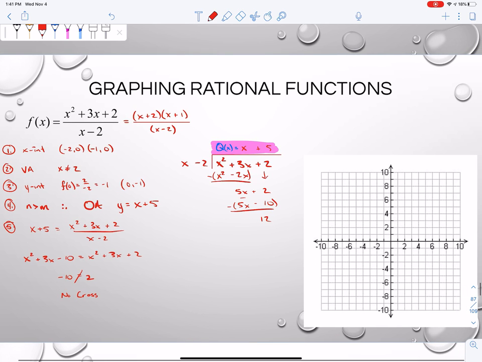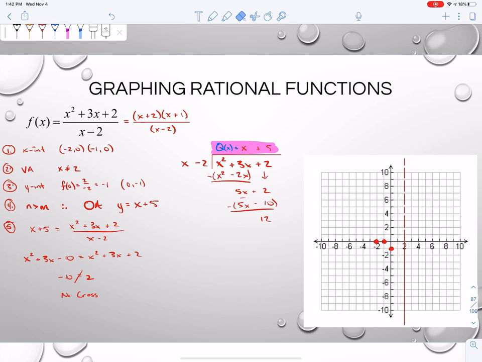So I'm going to have x-intercepts at negative 2 and also at negative 1. I'm going to have a y-intercept at 0, negative 1. I'm going to have a vertical asymptote at positive 2. Again, let me adjust position here a little bit. All right.